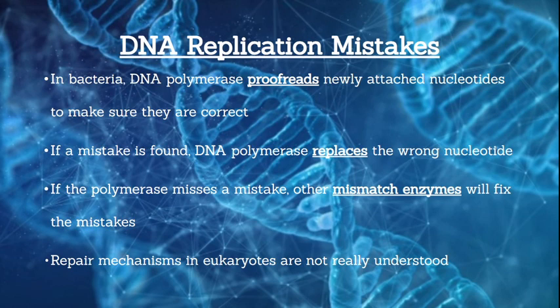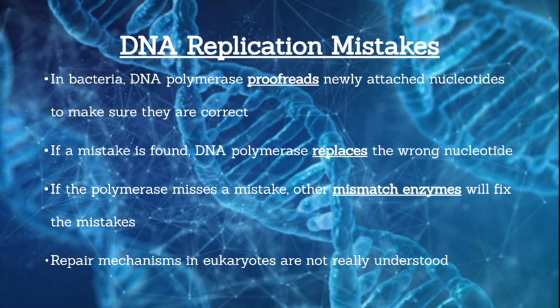But an example of a mistake could be that instead of a C and a G being bonded together, a C is trying to bond with a T. So a cytosine is trying to bond with a thymine, which is a problem. That cannot happen. So your DNA polymerase is going to replace the wrong nucleotide.